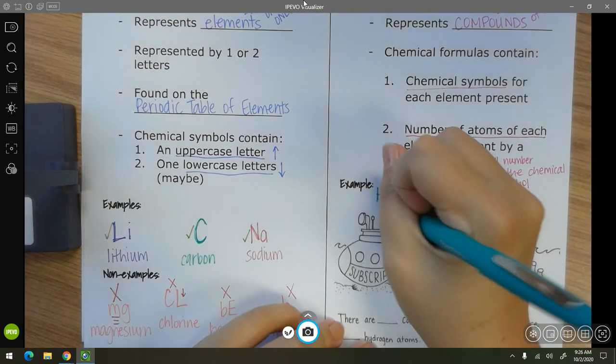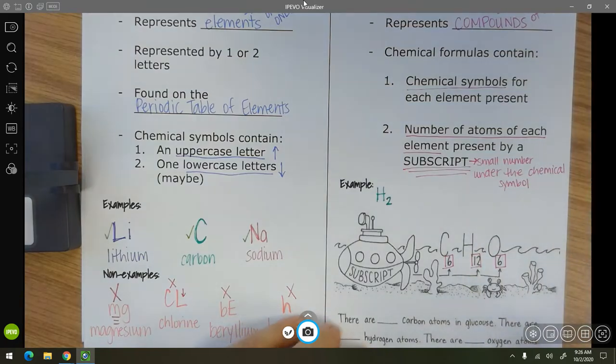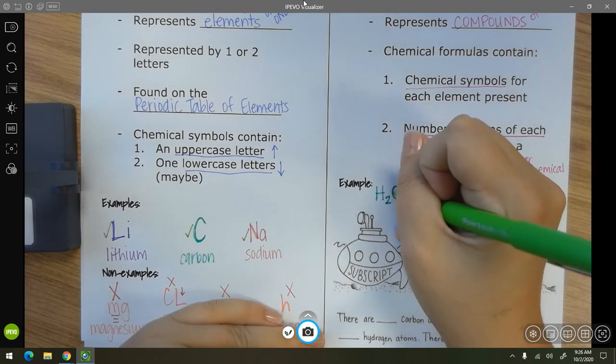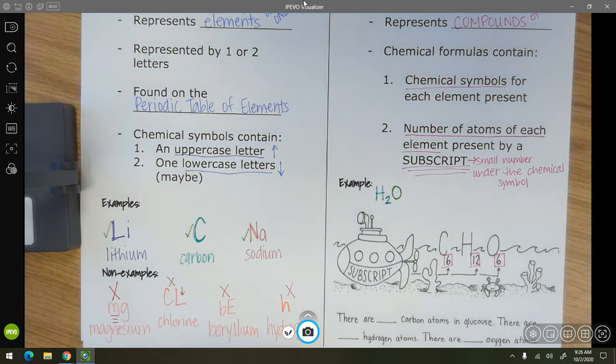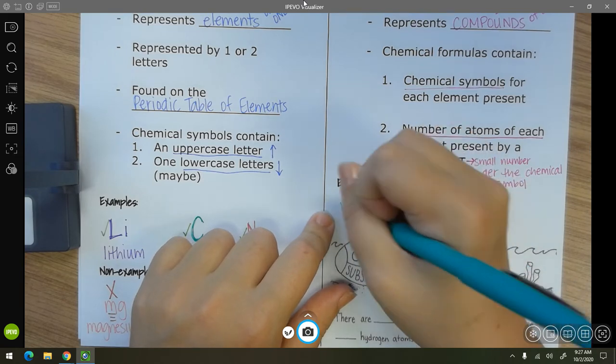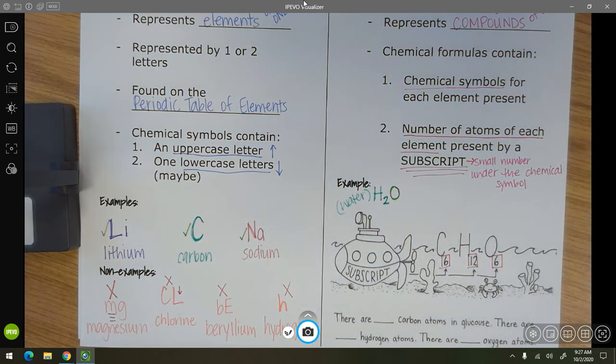So notice it's beneath the H. And then I also have an O, O for oxygen. Okay? So hopefully you can recognize H2O, which is water. Whoop whoop. Just water. Okay?